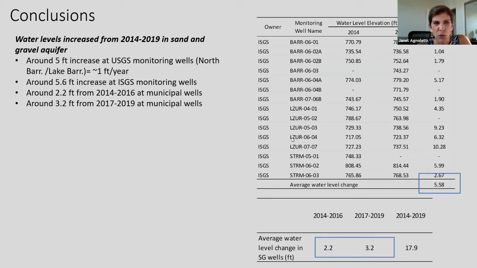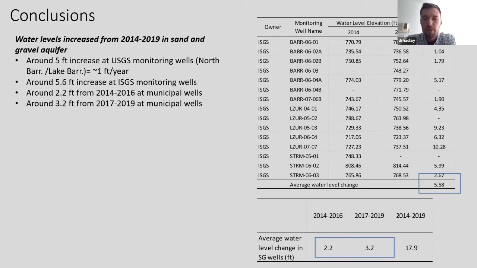Yep. Does the 5.6 foot increase include the increase from the pumping level to the static level, so that actually the overall increase could be less than this, or how did you figure that in?